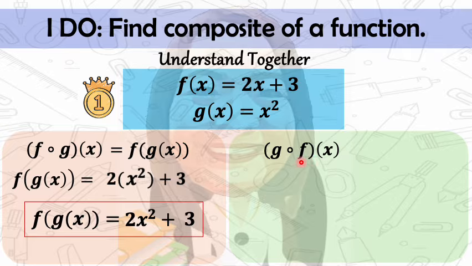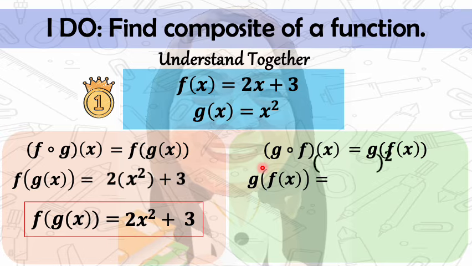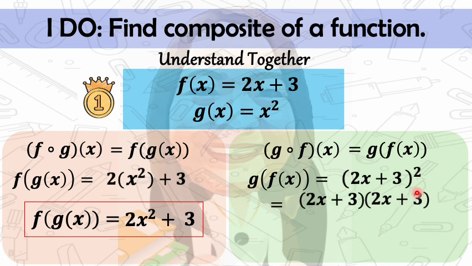For the second, g composite function of f of x. So now we'll plug in the function f of x to the function of g. This means the quantity 2x plus 3 squared means you're going to multiply 2x plus 3 by itself.